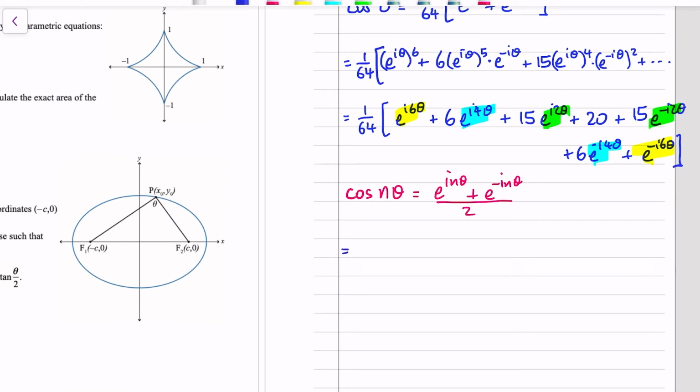So if I split the 64 into 32 and then bring a division by 2 into the brackets, then we've got 6 over 64, which is the same as 3 over 32, but we also need the 6 there.